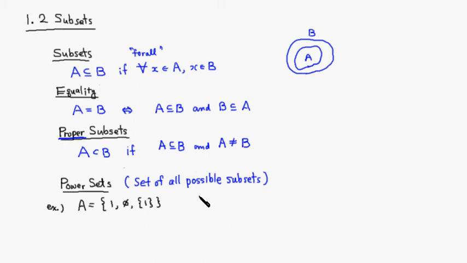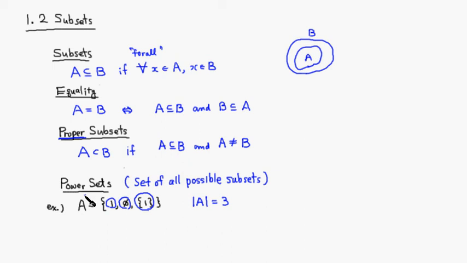For example, let's say we have this funky set A. So A has three elements, and 1 is the first element, and the second element itself is a set. So it's an empty set. The third element is a set with 1 in it. All right. So A has three elements. So if you want to see the cardinality of A, it's definitely 3.